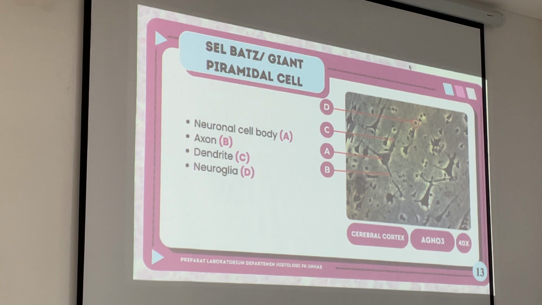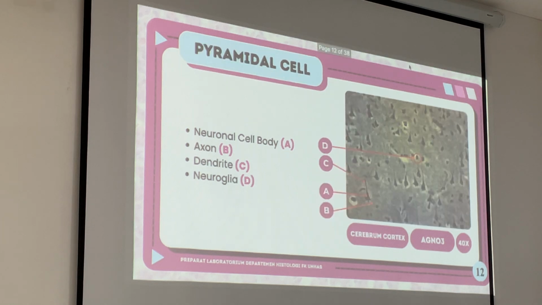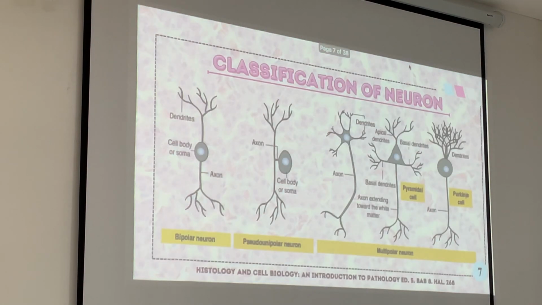In the cerebrum, the dendrite always goes upside, and the axon will always go downside. So this is the axon, and this is the dendrite. This is the pyramidal cells.